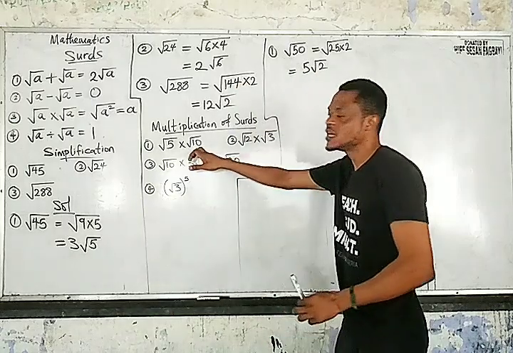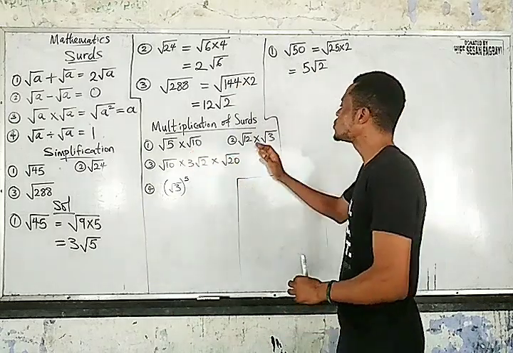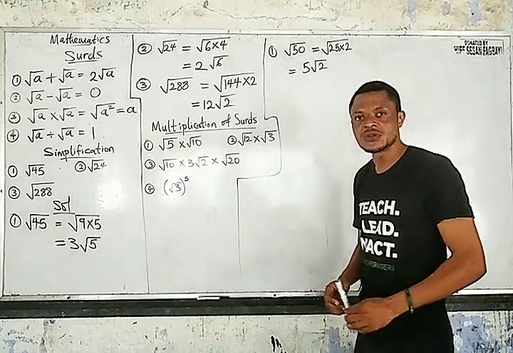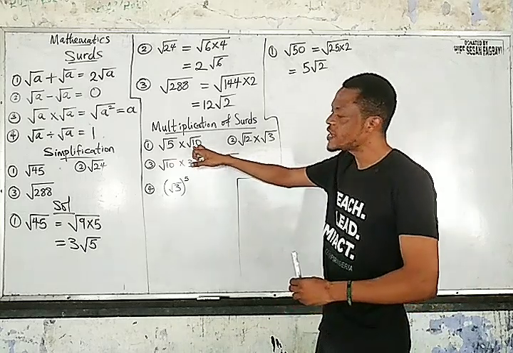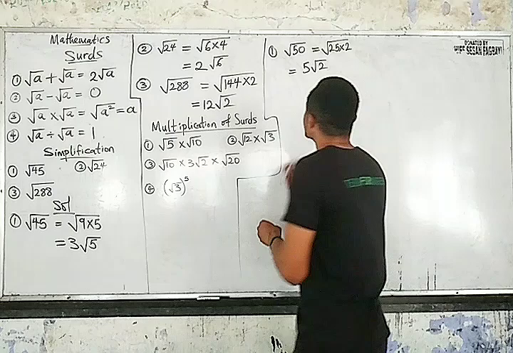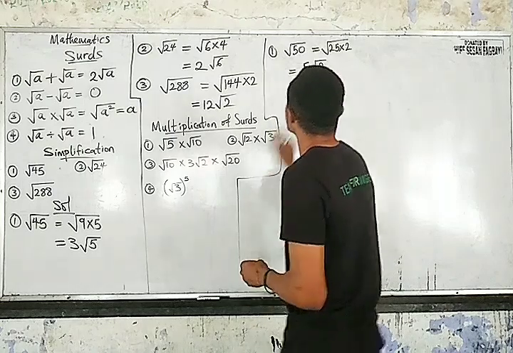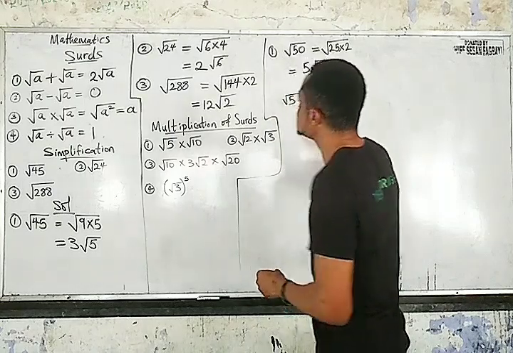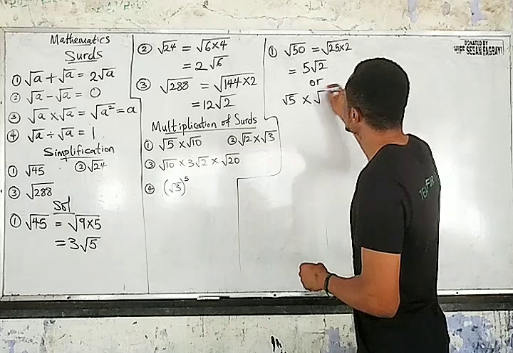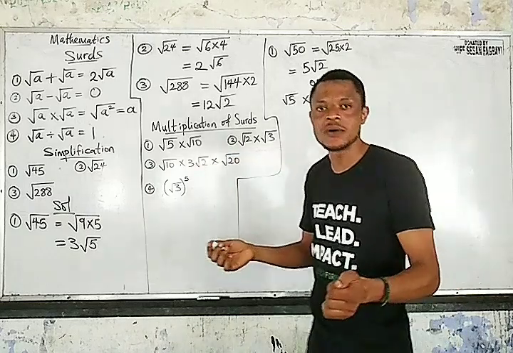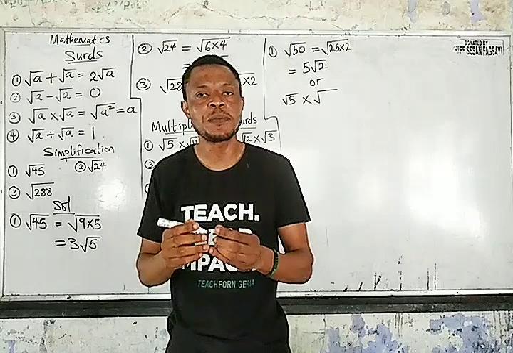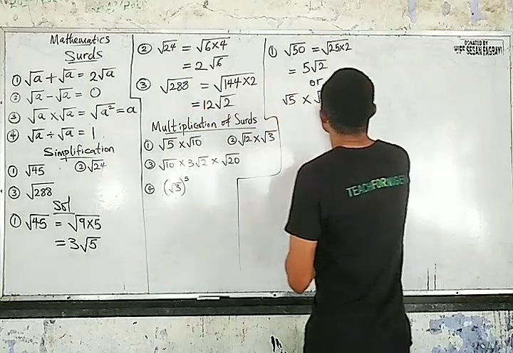So this is simplified. The other method, before we proceed to the second question, is by trying to break this down. We have our root 5 already multiplied by root 10, which will be further broken down to 5 multiplied by 2.